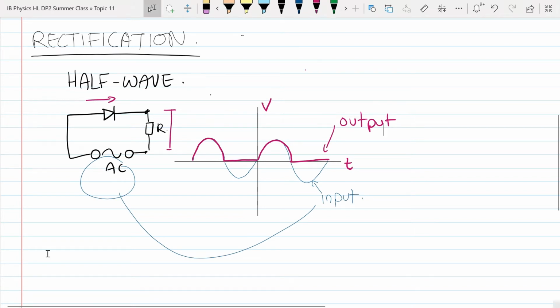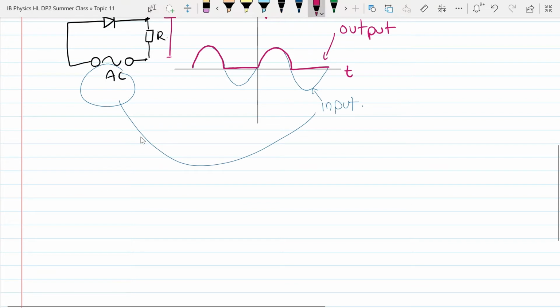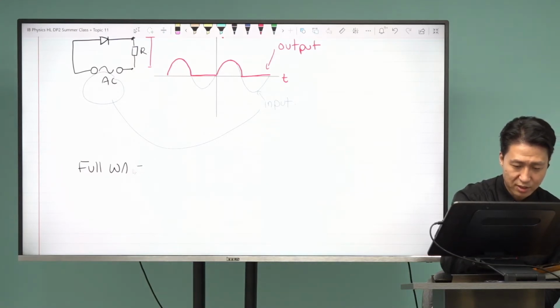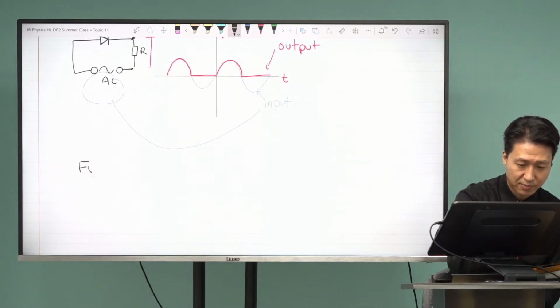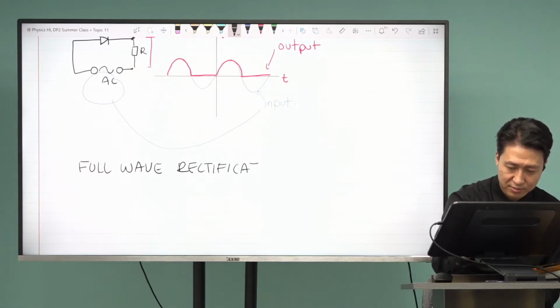Okay, let's go to full wave rectification now. And we're going to go down and we're going to write down full wave. Let's write this all in caps. Full wave rectification.